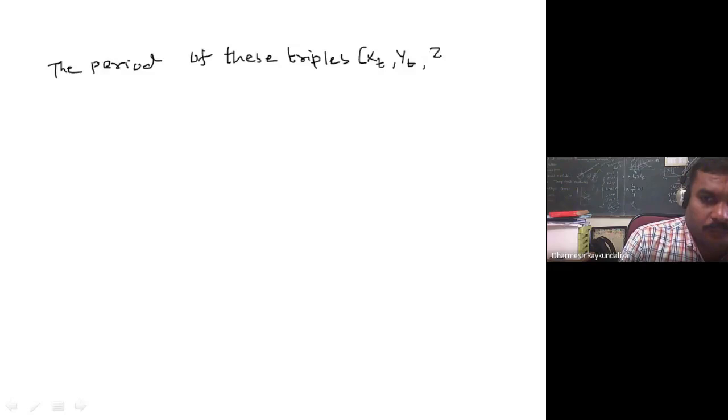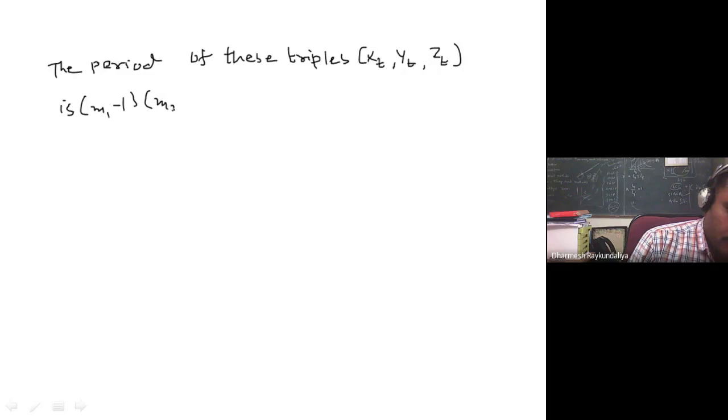He suggested the period of this triple, that means xt, yt, zt, is m1 minus 1, m2 minus 1, m3 minus 1 divided by 4.